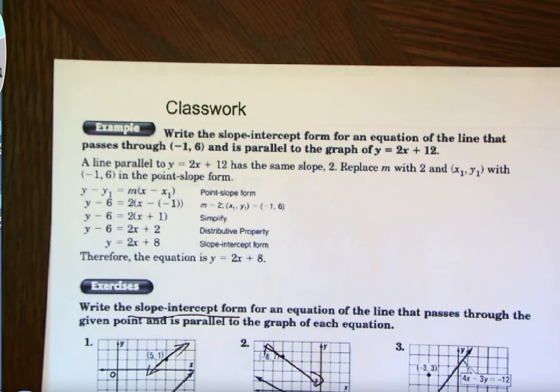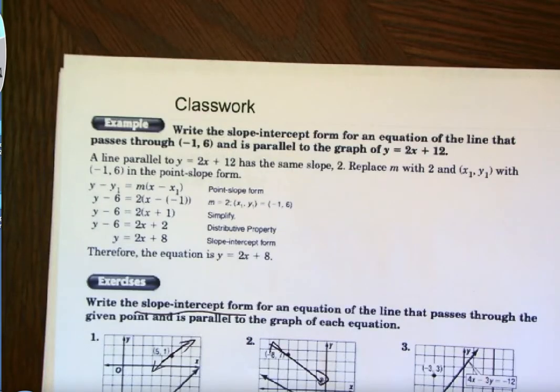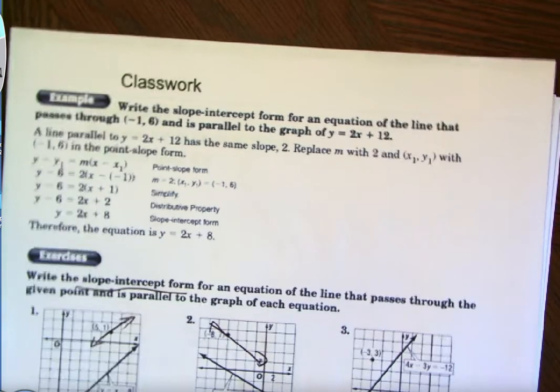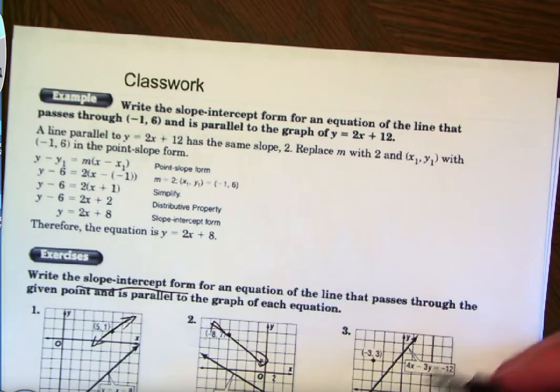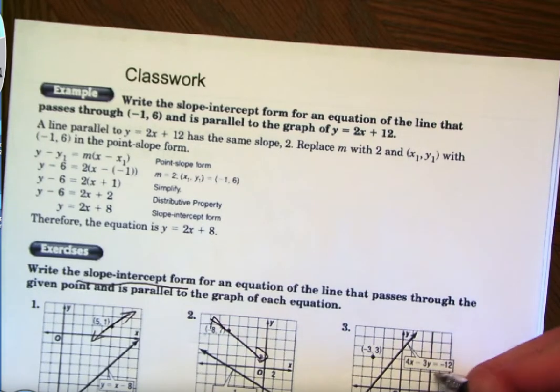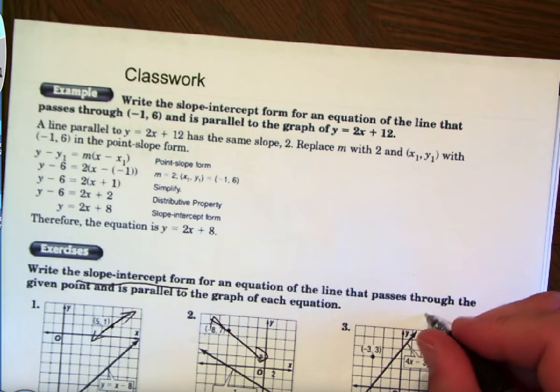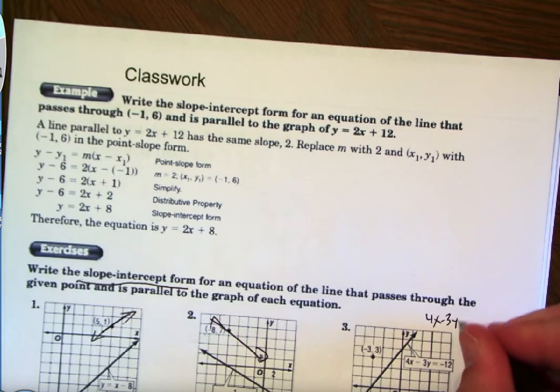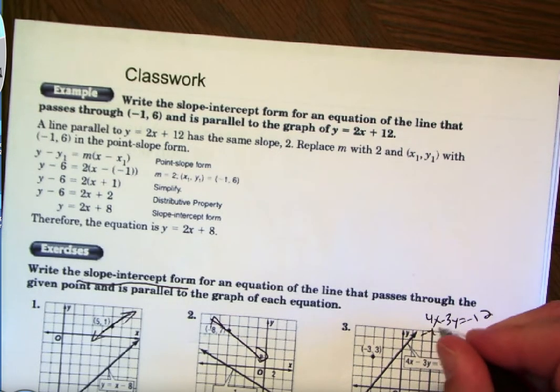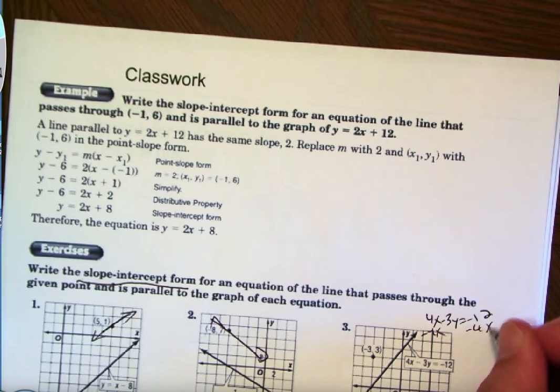So, boom. We're going to turn these into slope-intercept later, but for now I'm just doing point slope. Alright, this line, what's the slope of this? I gotta solve it actually. It's not there. Gotta get y by itself.